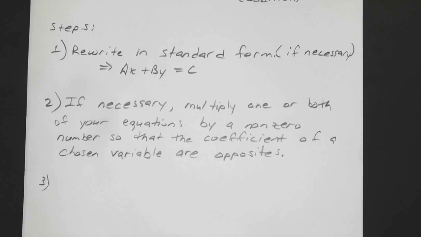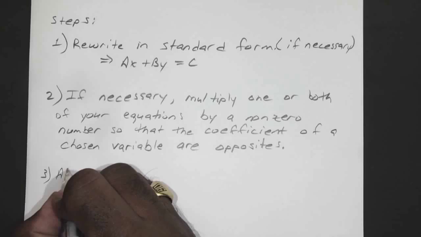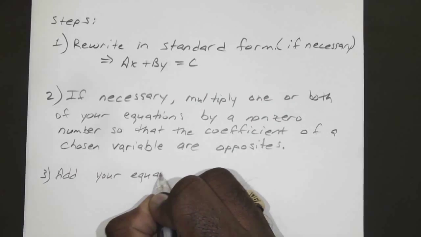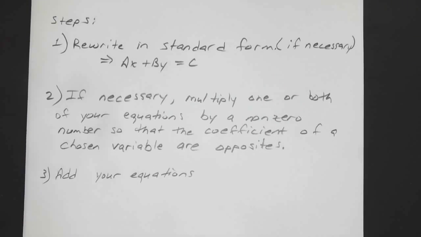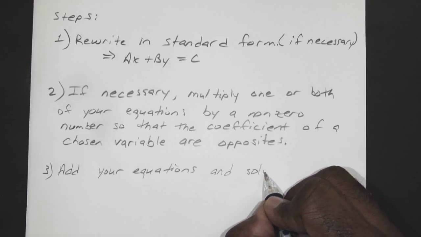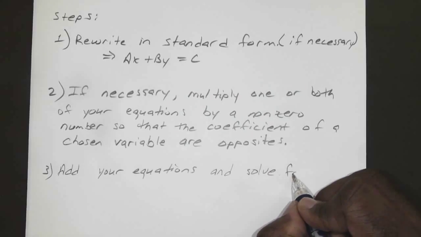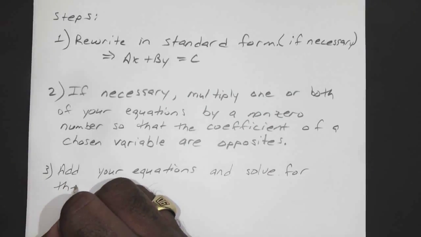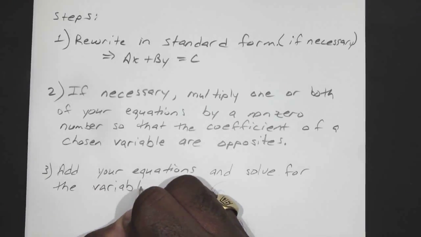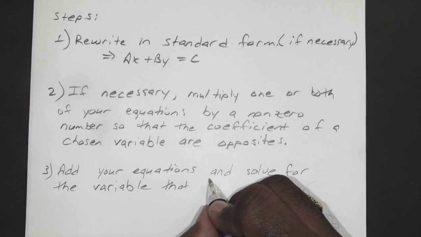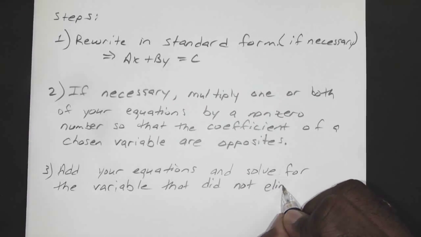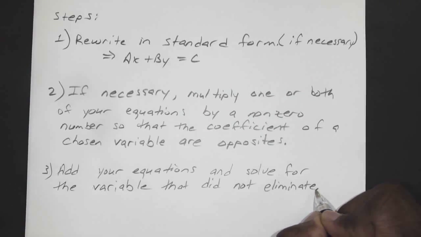And then once you do that, you add your equations, and solve for the variable that you did not eliminate.